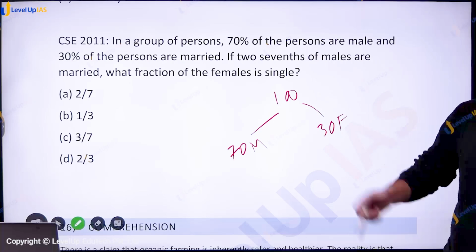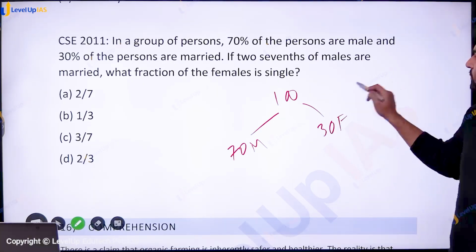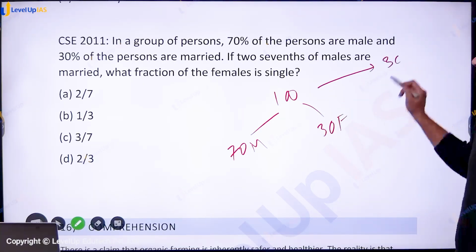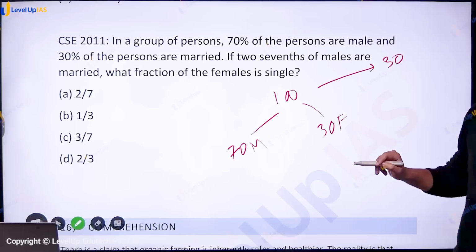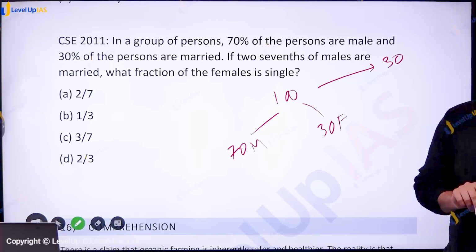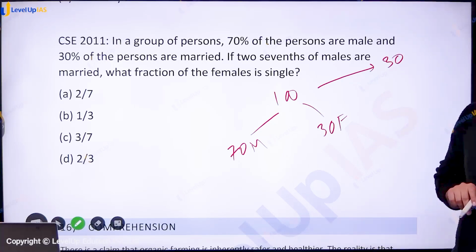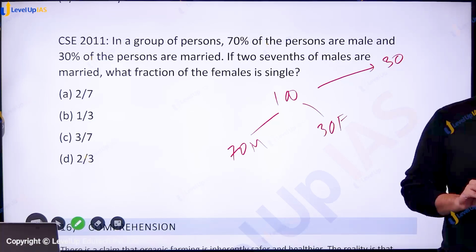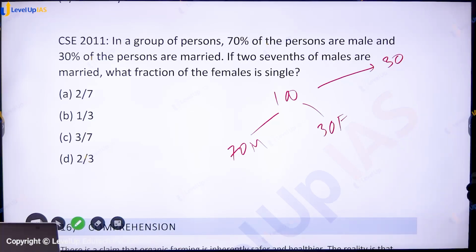And 30% of the persons are married, so 30 are married, and 70 are unmarried.